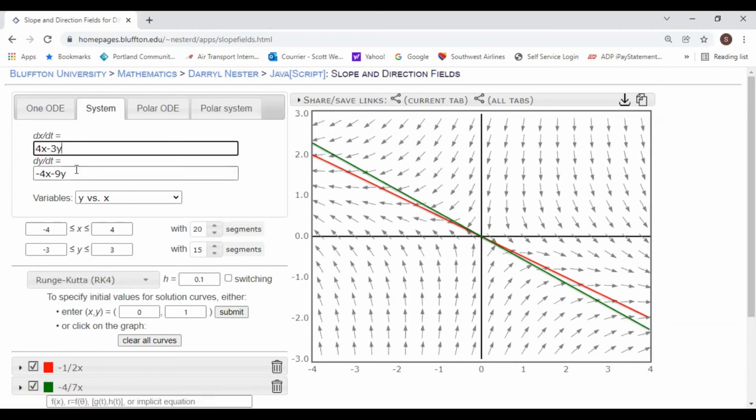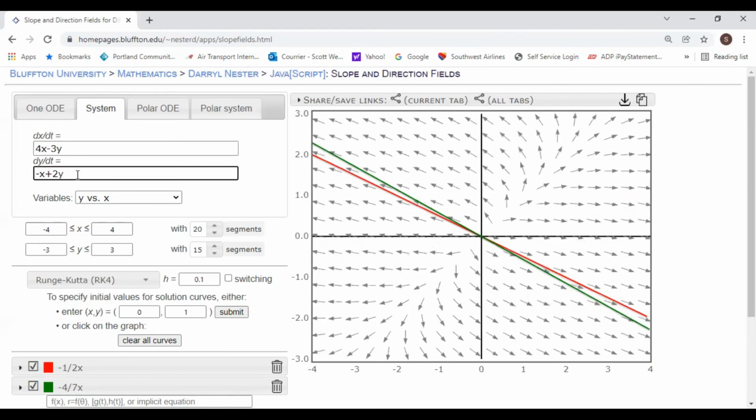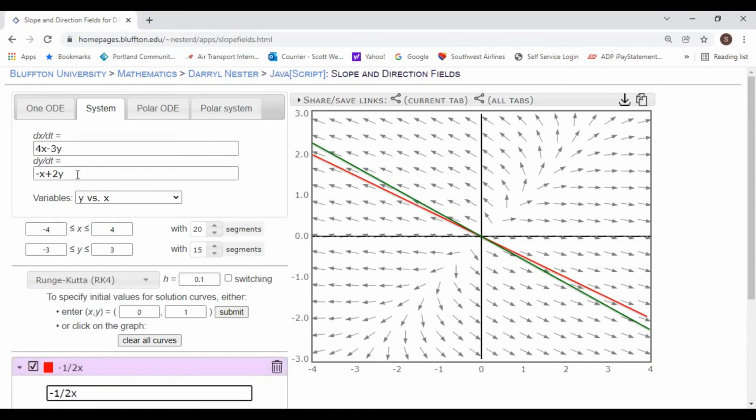And then the second one here, we have -1, so -x, plus 2y. Okay, and now let's go ahead and put in these two lines. We change this one to be our x1 in this case, which ended up being just 1, 1. So that would be y equals x.